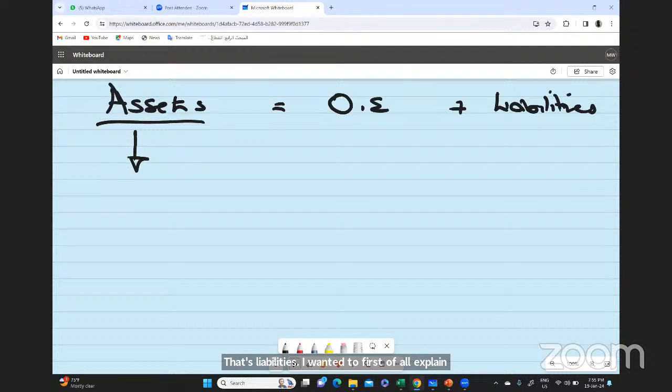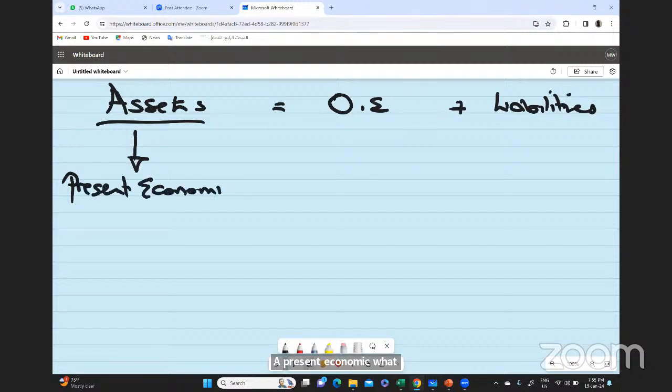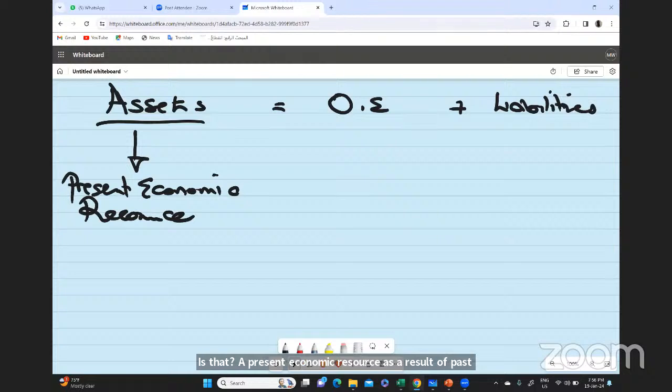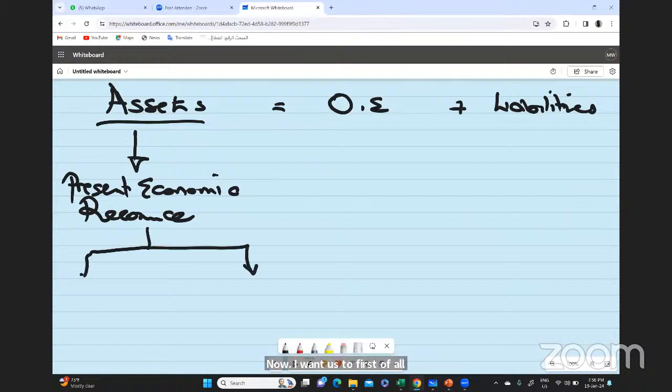We said an asset refers to a present economic resource as a result of past events.